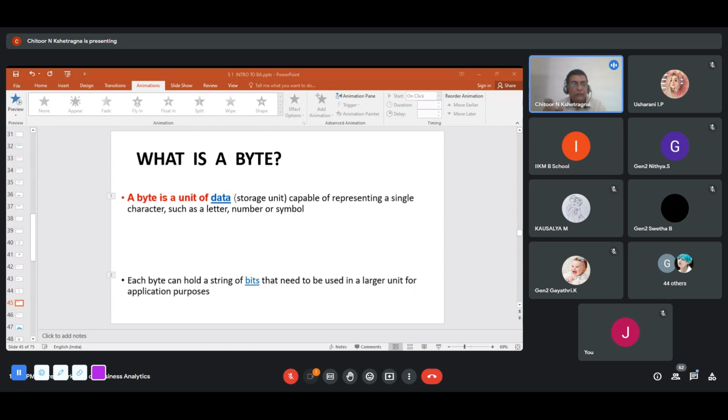A byte is a unit of data, the storage capacity to represent a single character, a single letter. Let's say Akshaya is one word, Ganesh Ram is another word. Like that, if you have multiple units coming together, each of these are bytes, and then it becomes something called a GB, MB, TB, ZB, zettabyte.